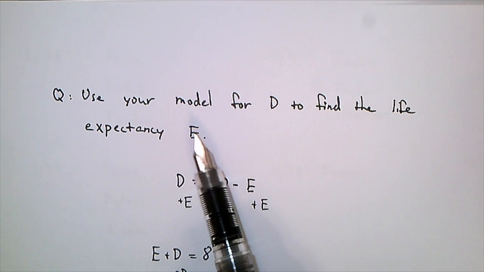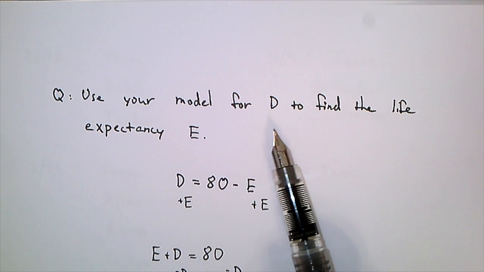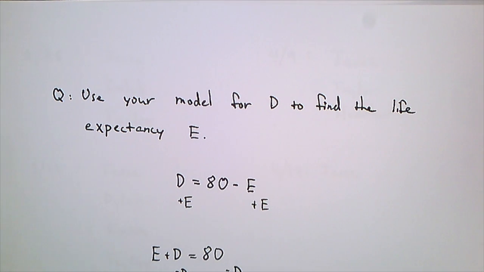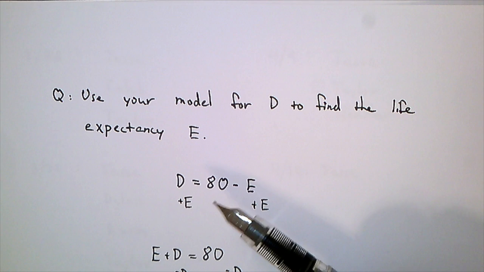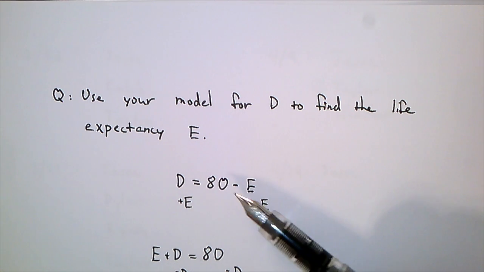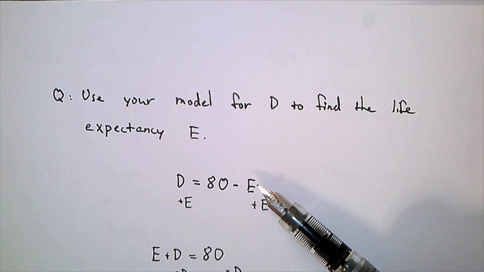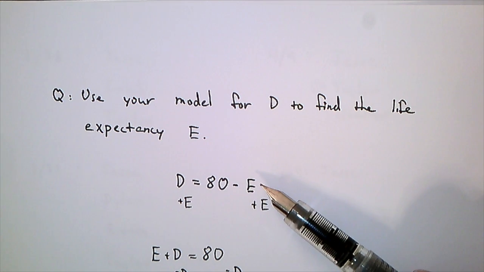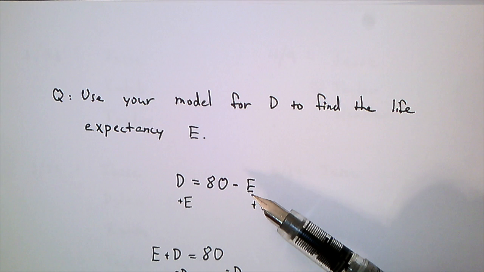Next, I want to use our model for d, the difference, to find the life expectancy e. So what you want to do is recall that the difference is 80 minus the life expectancy, and we need to rearrange this equation so that e is on one side and everything else is on the other.